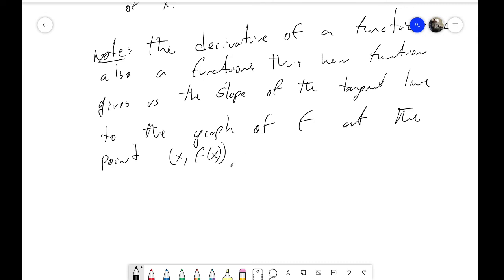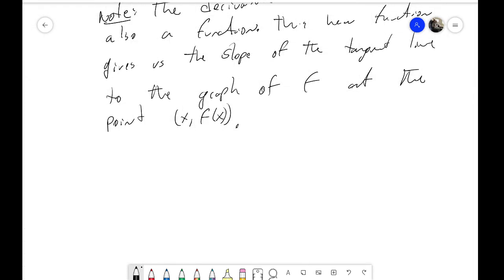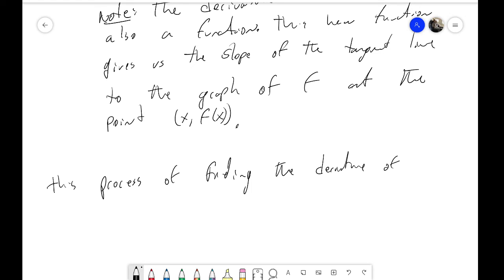Obviously, provided that there's a tangent line at that point. Now the process of finding the derivative of a function is called differentiation. So this process of finding the derivative function is called differentiation.